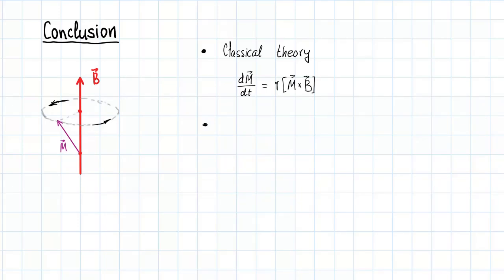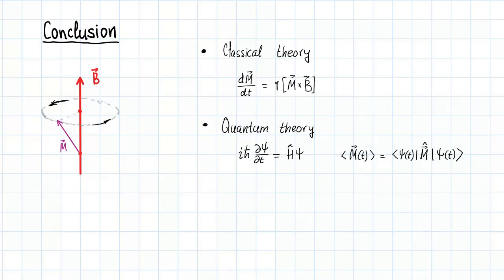The second approach was quantum mechanical, which used the Schrödinger equation and gave us the magnetic moment time dependence as an expectation value of the magnetic moment operator calculated with the obtained spin wave functions.